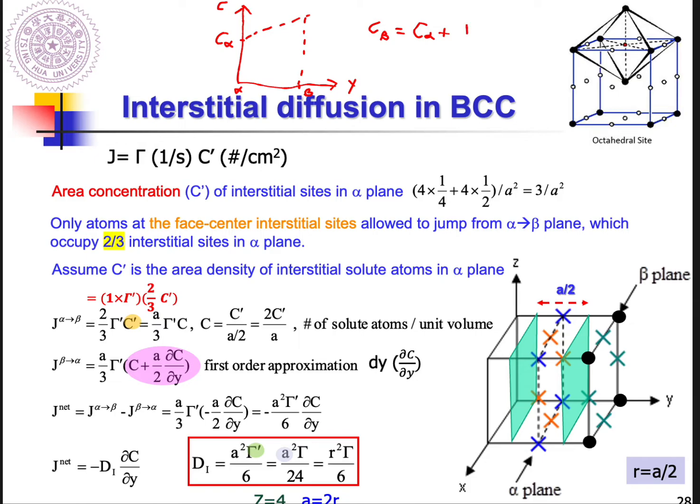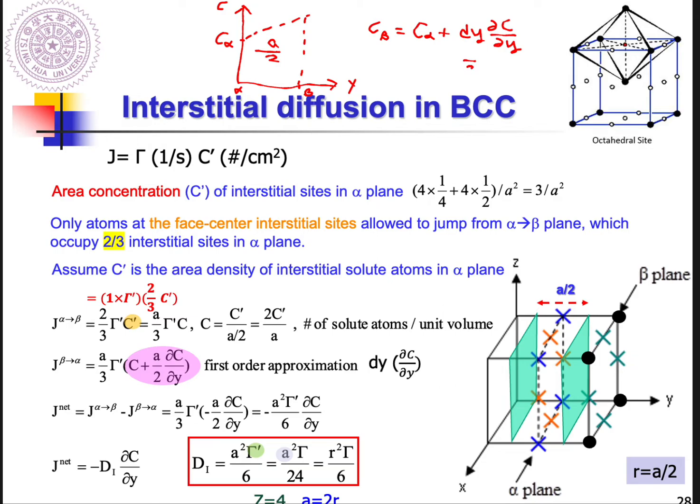It's dy, where dy is the distance between alpha and beta, times the concentration gradient along y.